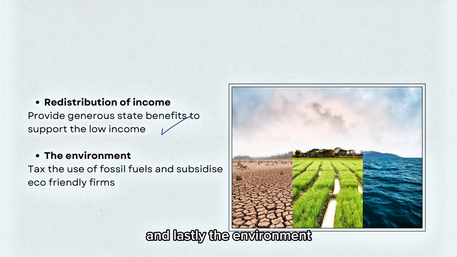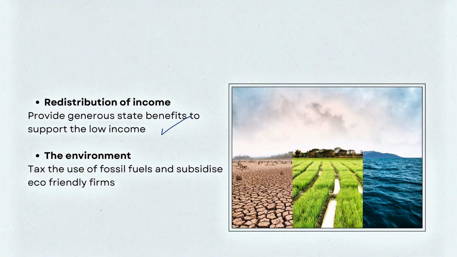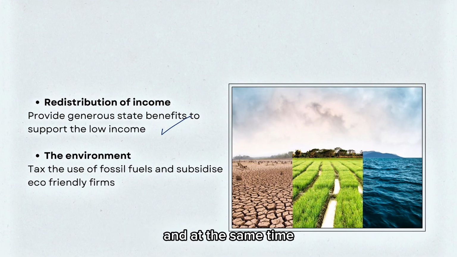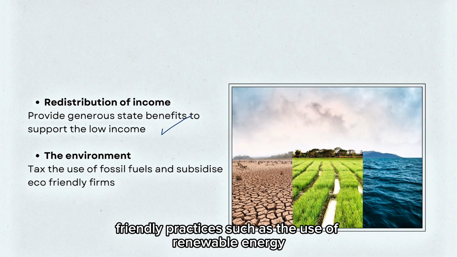And lastly, the environment. As governments and economies strive for a more sustainable future, the government will heavily tax the use of fossil fuels and at the same time subsidize the firms that are using eco-friendly practices such as the use of renewable energy.